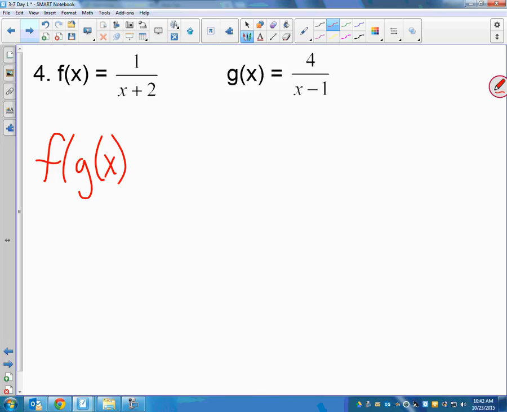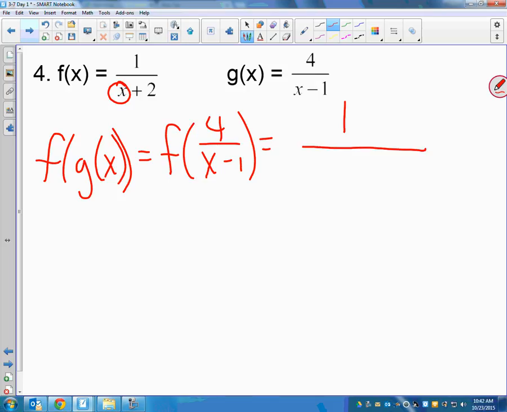If we just do f of g of x, that means that I'm going to take g of x, which is 4 over x minus 1, and I'm going to plug that into here, right? So in f of x, everywhere there's an x, I'm going to replace it with this. So I'm going to get 1 over 4 over x minus 1 plus 2. See how that's not so much fun?